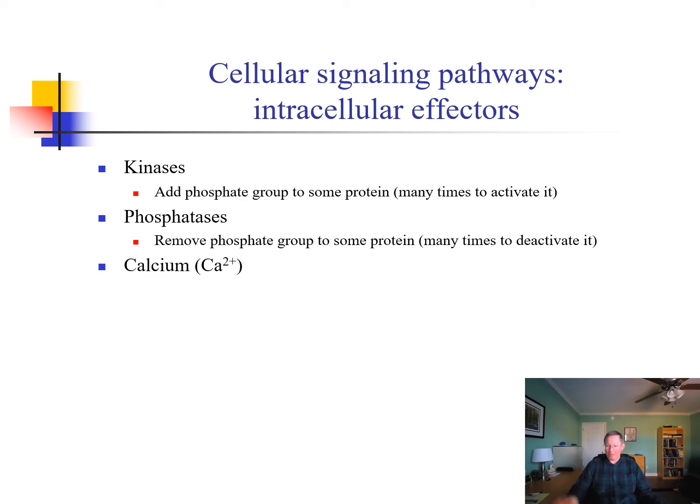Those are enzymes that add a phosphate group to a protein. Phosphatases are a set of enzymes that remove a phosphate group. Many times this deactivates it, although that's not always the case. And sometimes calcium will regulate these effects. For example, calcium can bind to calmodulin, and we'll talk about that when we talk about smooth muscle.